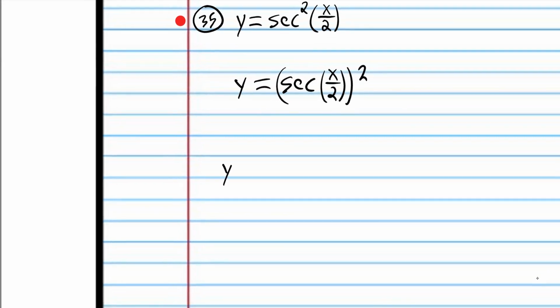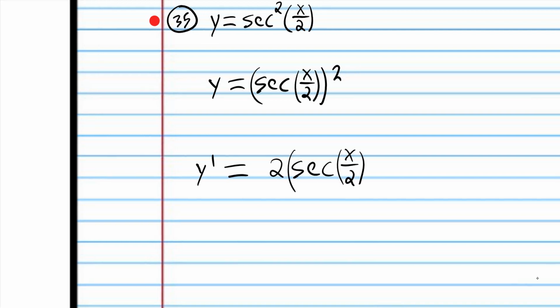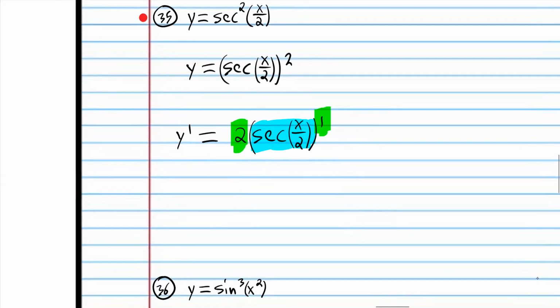So let's find the derivative. We're going to find the derivative of the outside function, as we leave the inside function alone, then we're going to multiply by the derivative of the inside function.